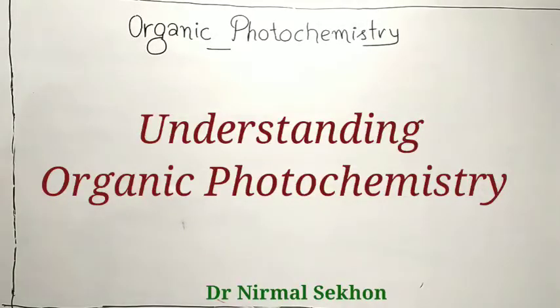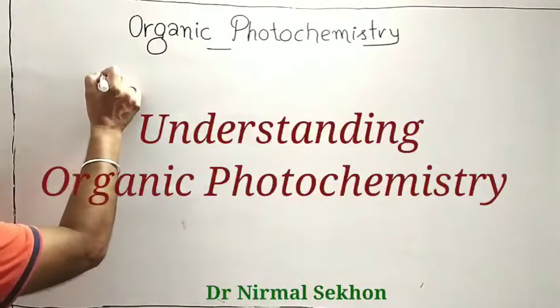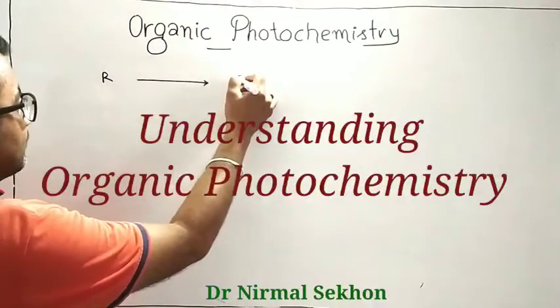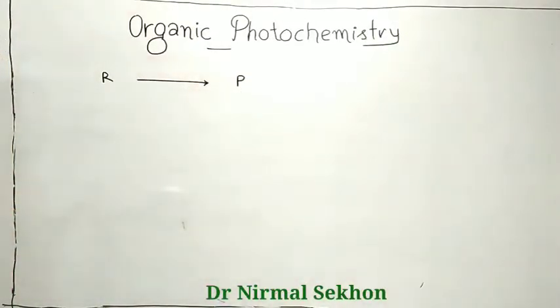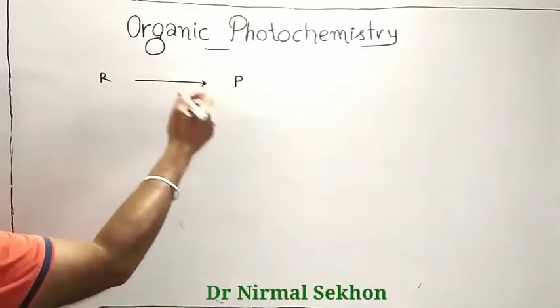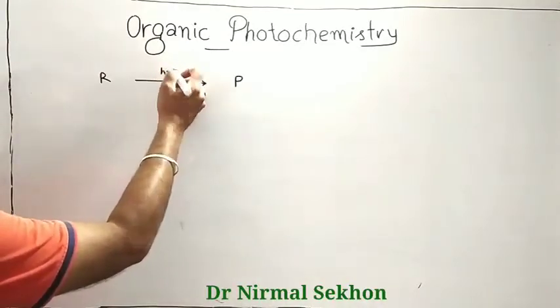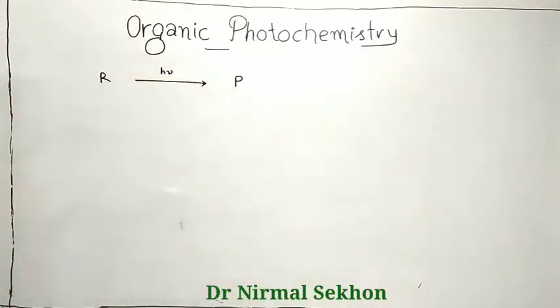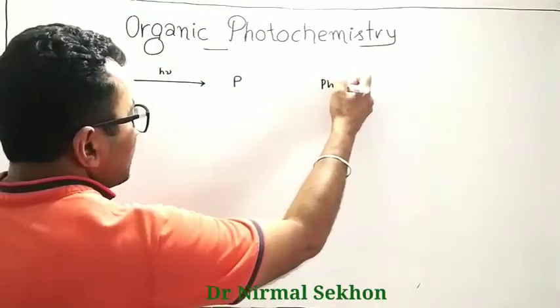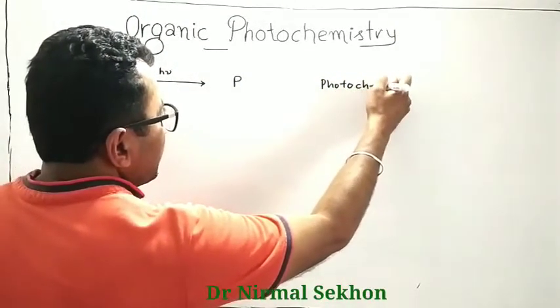So let's start. Suppose we have a reactant R that is changed into P. R is your reactant, P is your product. When this R changes into P by striking a light of some suitable frequency, your reactant changes into product. Such types of reactions are called photochemical reactions.